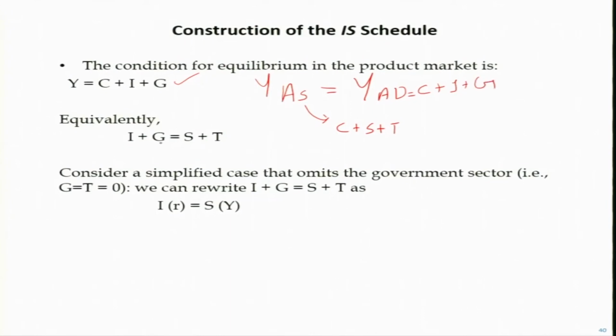Since C is common, we can see that I plus G is equal to S plus T. Considering a simplified case that omits the government sector, assuming that government expenditure is equal to 0 and tax is equal to 0, we can rewrite this equation as I is equal to S. In the case of I, you know that investment is a function of the rate of interest.